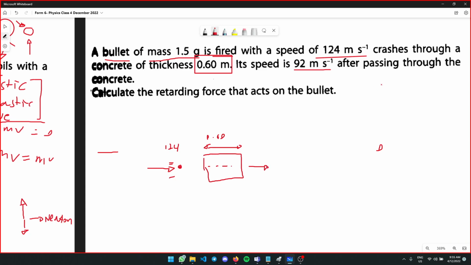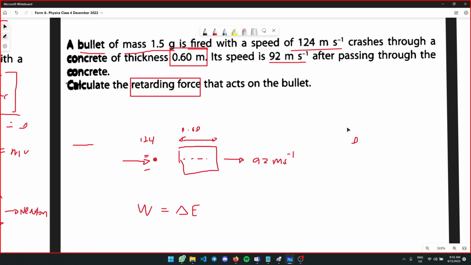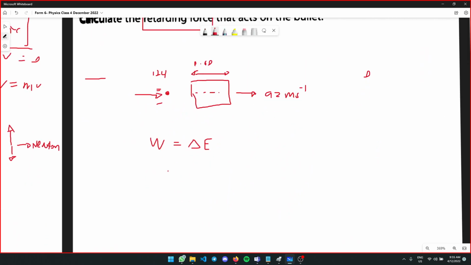It didn't stop, which means there is a retarding force. It comes out at 92 m/s. So how do you find this out? Work is also the change in energy. Since they didn't say the mass changes, the mass is constant, so there is a change in velocity.